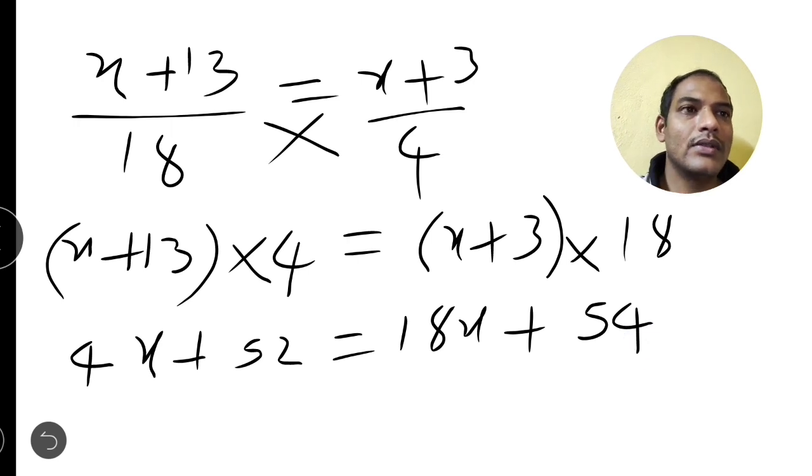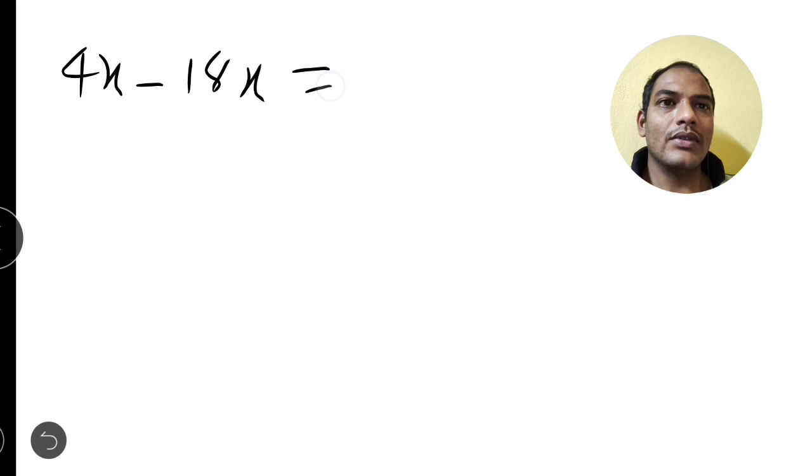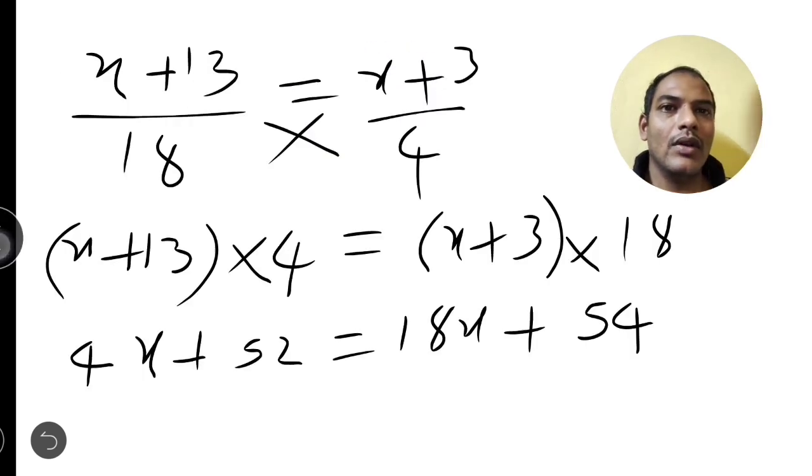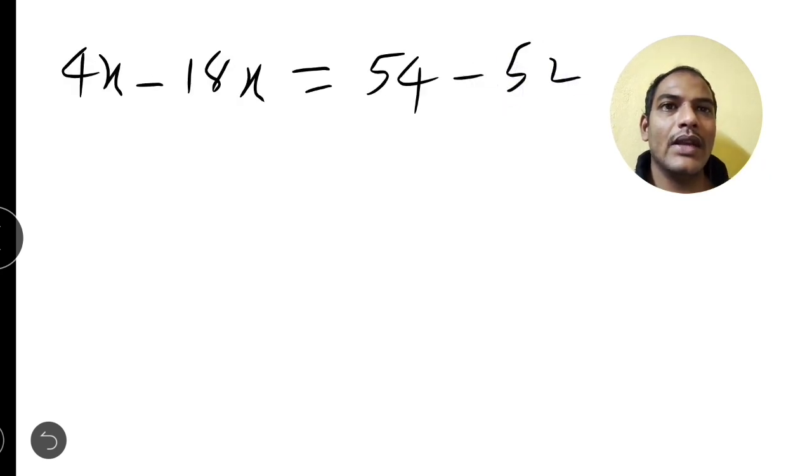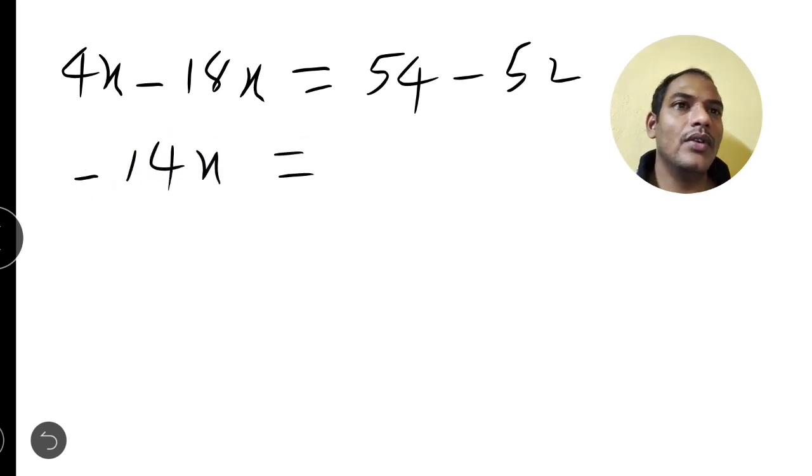Now write variables on the left side and constants on the right side. So 4x minus 18x equals the constant numbers 54, one more constant number plus 52, then it will become minus 52. 4x minus 18x is minus 14x, 54 minus 52 is 2.